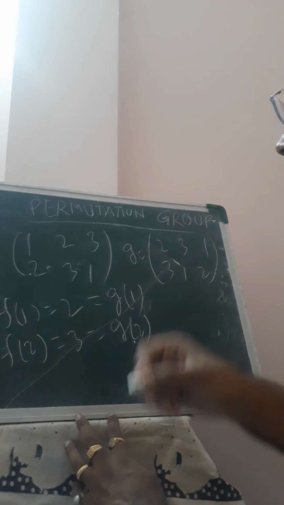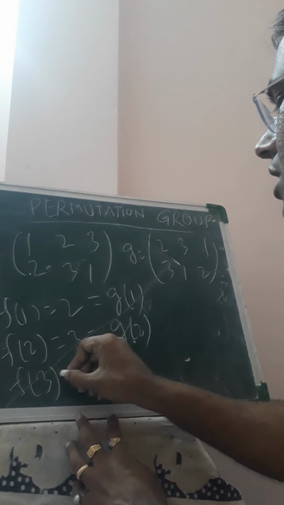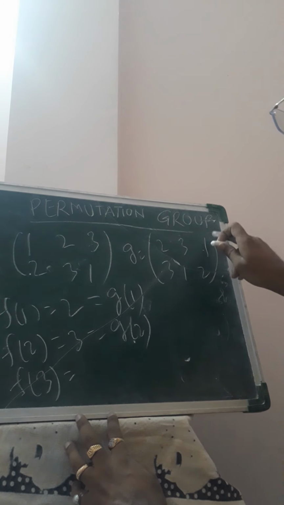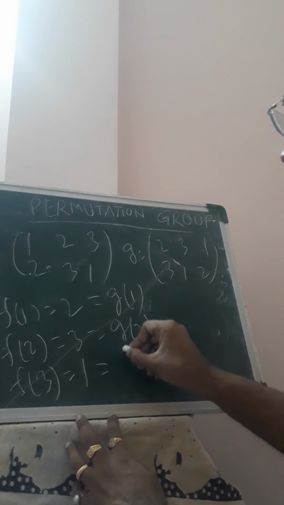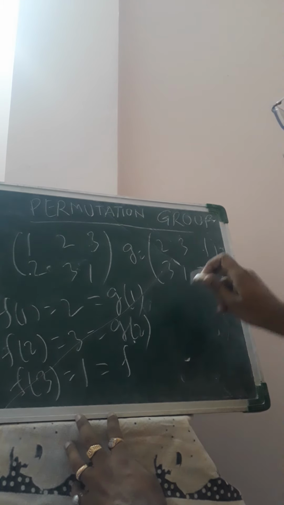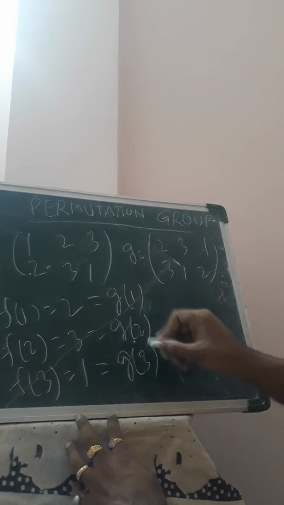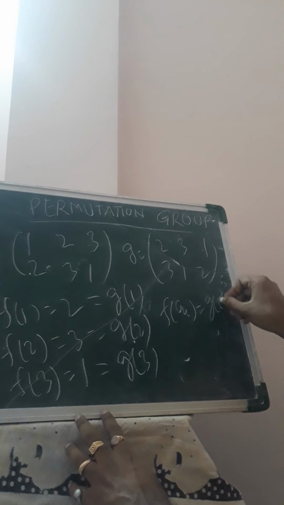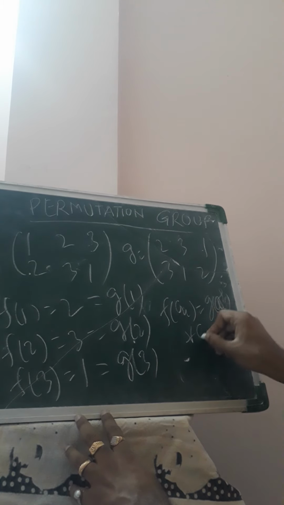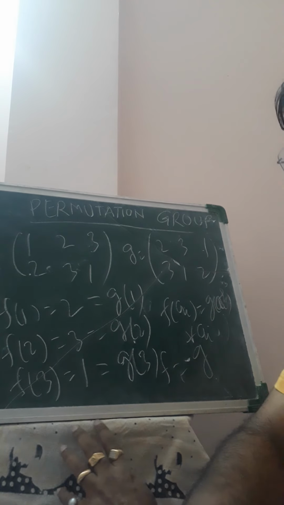So F of 2 is equal to G of 2. F of 3 is equal to 1 and G of 3 is equal to 1. So F of 3 is equal to G of 3. So clearly F of Ai is equal to G of Ai for all Ai. Hence here F is equal to G.